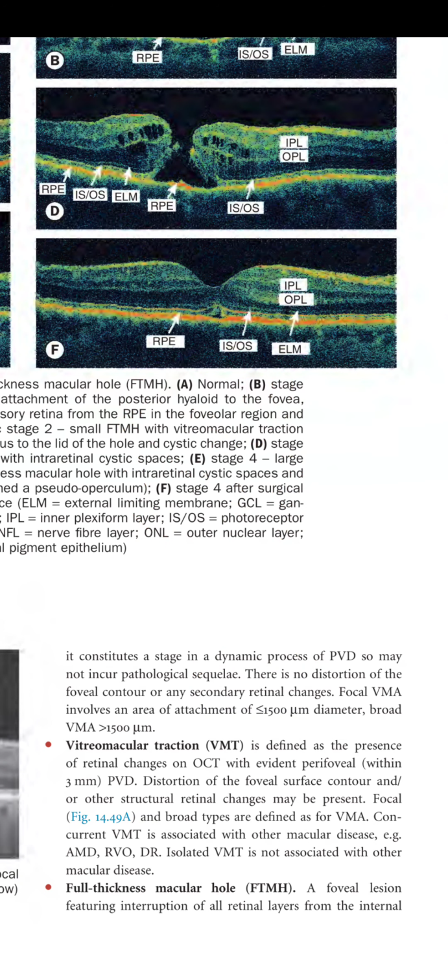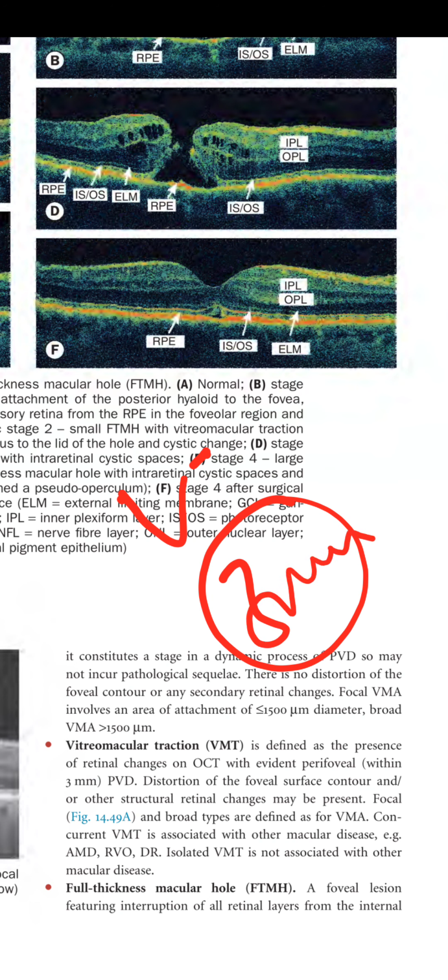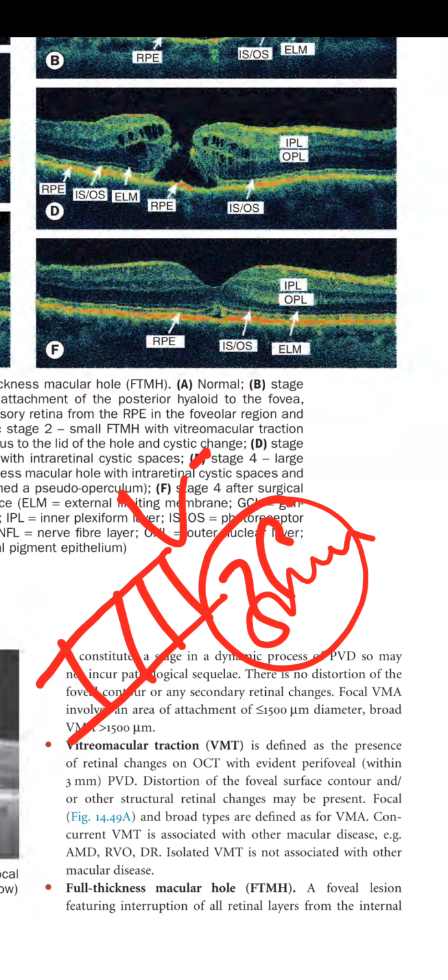Then there is vitreomacular traction. Vitreomacular traction is defined as the presence of retinal changes on OCT with evident perifoveal PVD within 3 mm. Distortion of the foveal surface contour and other structural retinal changes may be present. So basically, whenever there is a traction on the macula within a 3 mm area of the fovea, the foveal contour can be lost and there are retinal changes.